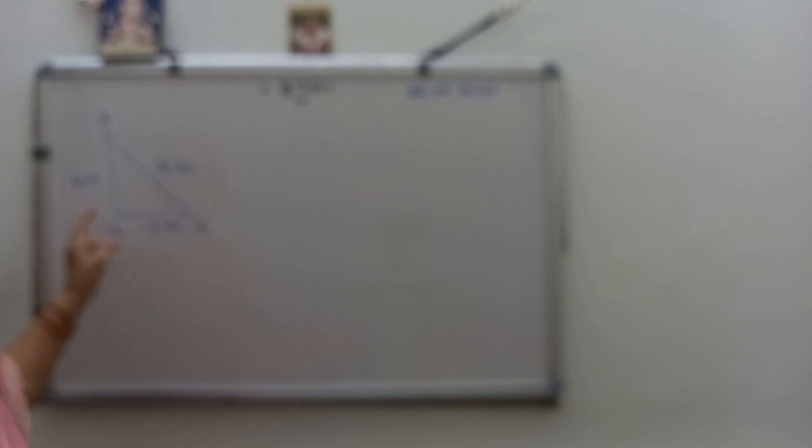In this right angle triangle ABC, this side is 3 centimeter, this side is 4 centimeter, this side is 5 centimeter. In this right triangle, let us see that the Pythagoras property is correct.